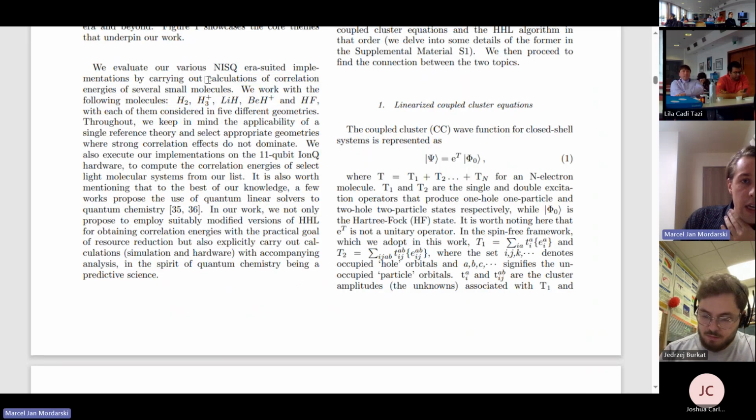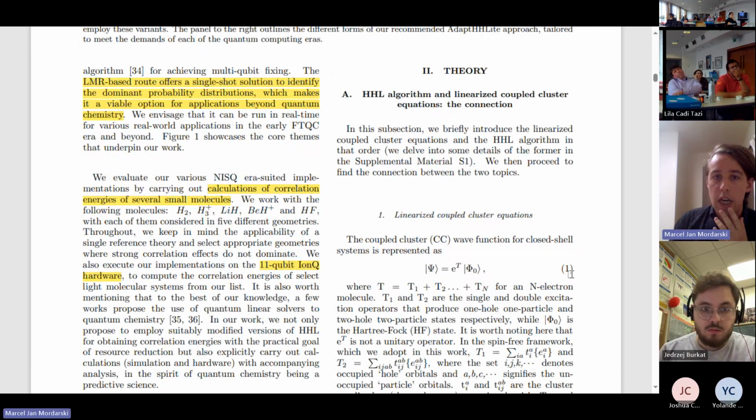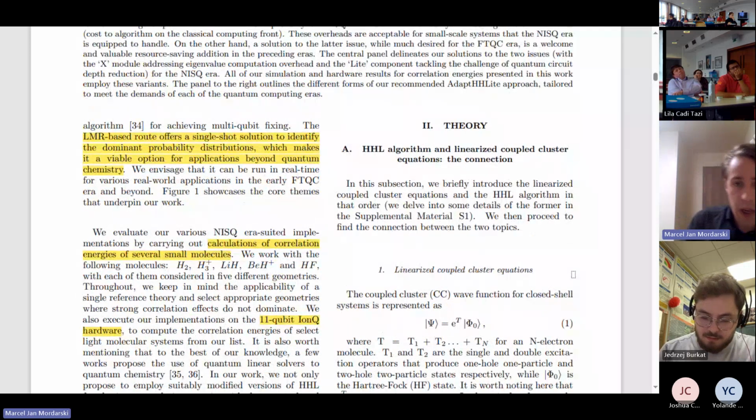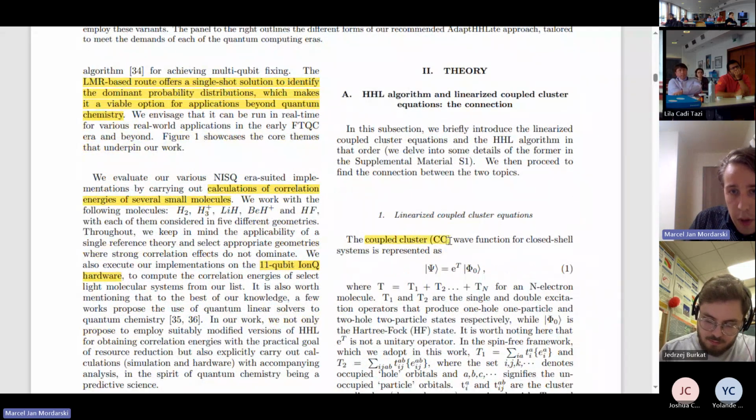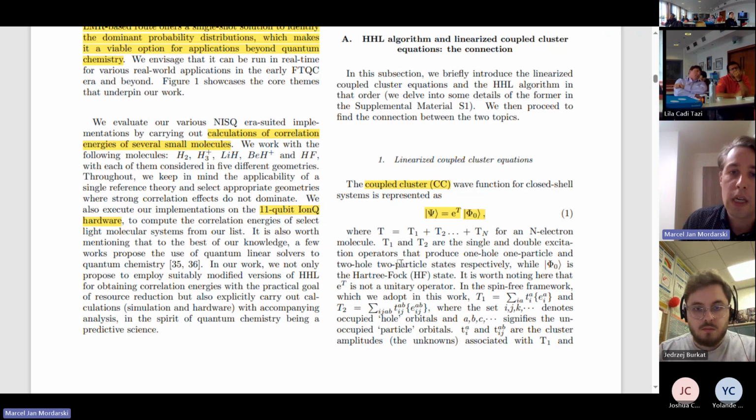And as I've shown you, they calculate the correlation energies for several small molecules. Oh, and here it is. That's the information on the hardware that they were using, 11-qubit IonQ hardware to compute all of these. Right, so the problem that they deal with is the coupled cluster problem. They want to get some estimates for a closed shell system, whose excitations can be described as follows with this equation.